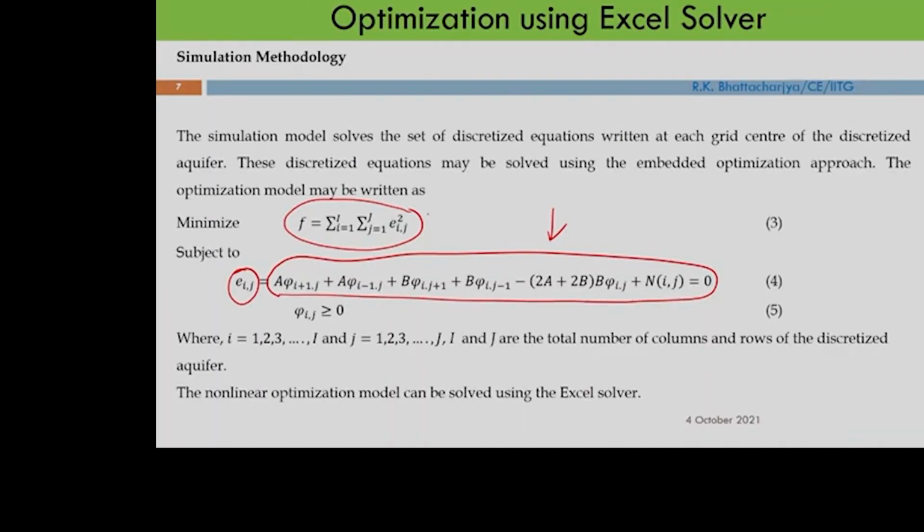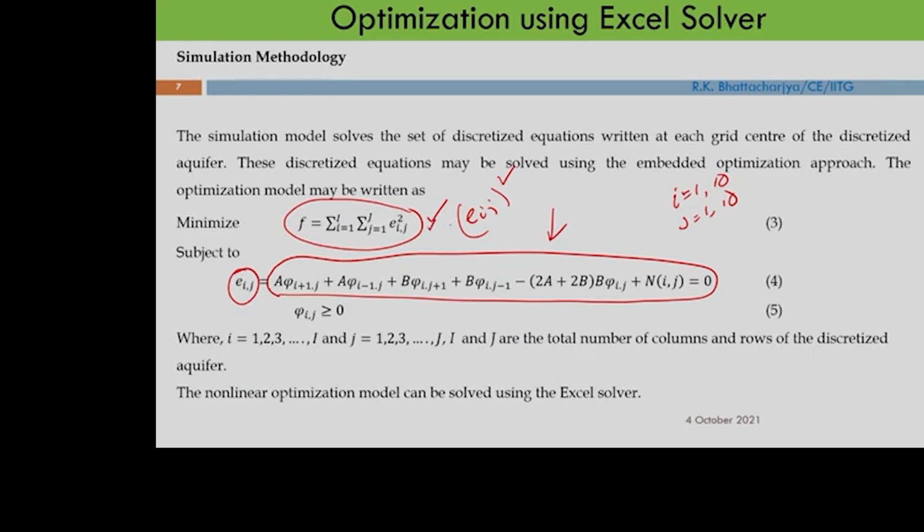Now I have formulated an optimization problem, that means I would like to minimize this error. Here the grid is i equal to 1 to 10 and j equal to 1 to 10. I am squaring Eij just to make it positive, because I would like to minimize this error.